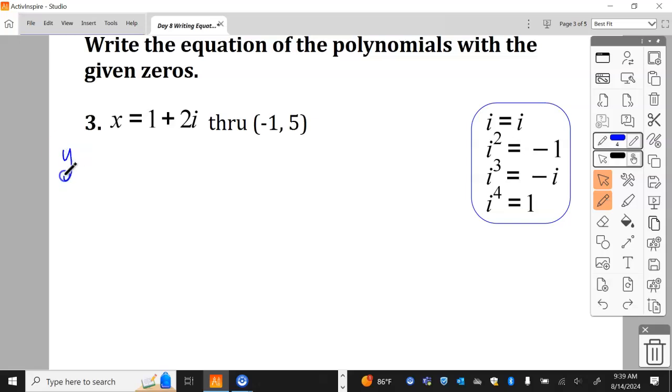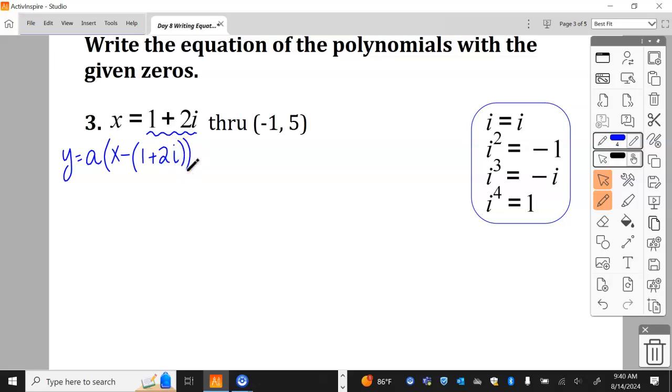So we're going to have y equals a, that's our leading coefficient that we don't know. And then remember, when this is a zero, we need to change the sign on it. It's going to be x minus this whole zero.